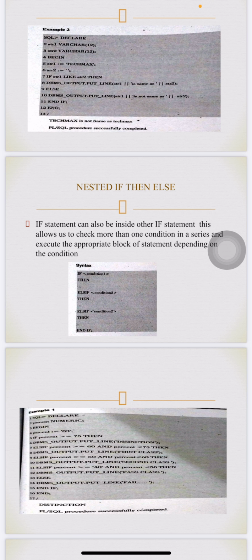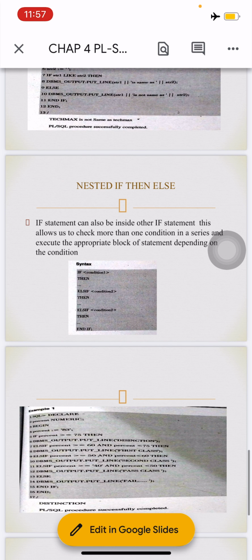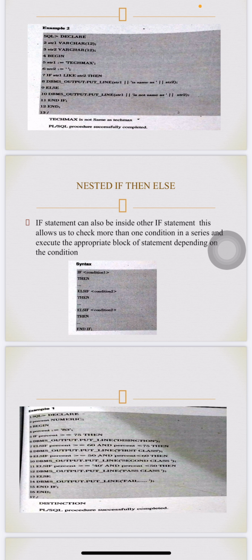In SQL: DECLARE percent NUMERIC; BEGIN percent := 83. If percentage is greater than or equal to 75, then the output line will be distinction. ELSIF percentage is greater than 60 and less than 75, then output first class. ELSIF percentage is greater than 50 and less than 60, then output second class.